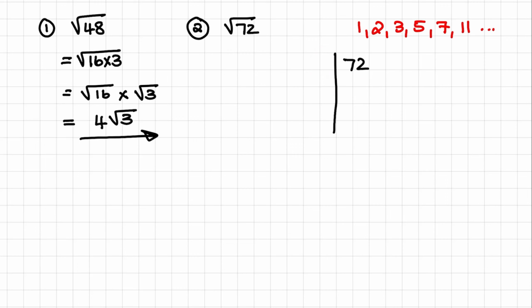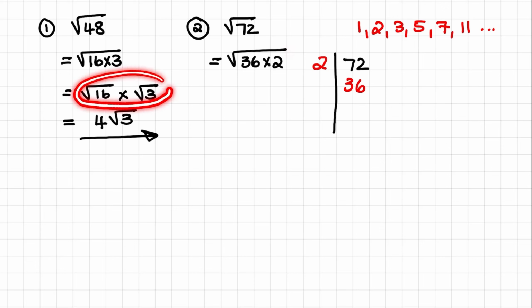So the simplest way forward then is to divide 72 by 2, and that is equal to 36, which is a perfect square number. That means I can rewrite the square root of 72 as the square root of 36 times 2. For this example, you do not need to split the 36 in two.